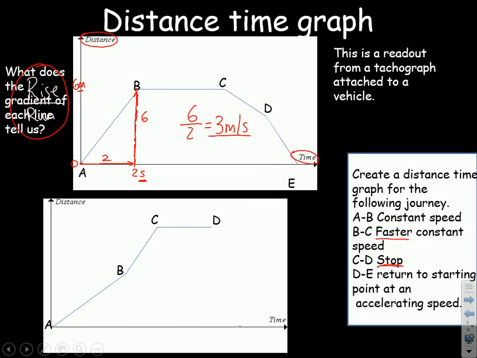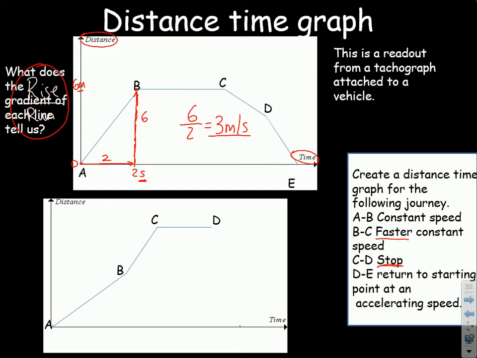Well, as we looked from the example above, you can see that the gradient tells us the speed. So if the gradient is steeper, it is a faster speed. If the gradient is shallower, then it is a slower speed. So if the object is returning to the starting point at an accelerating speed, we can work out that the gradient must be increasing.